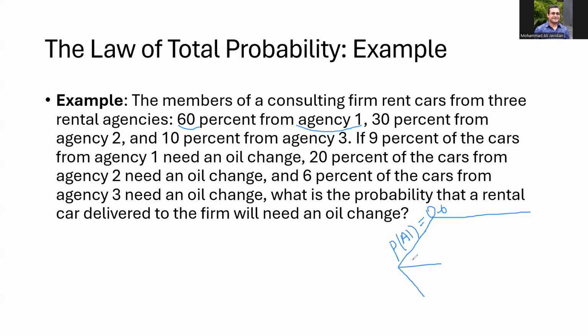In branch two, P of A2 equals 30%, which is 0.3. And for branch 3, P of A3 equals 10%, which is the last agency in this scenario, so which is 0.1.